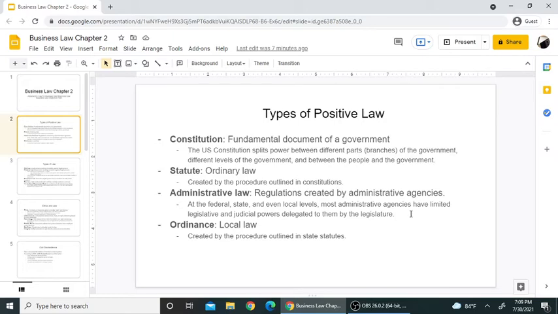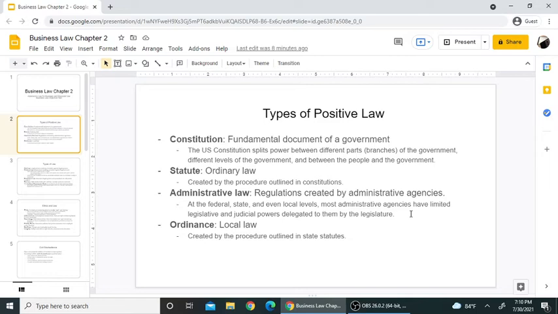But the point still stands that administrative agencies usually have some legislative and judicial powers delegated to them by the legislature, in addition to their executive powers that have been granted by the statutes, or in some cases, usually at the state level, the state constitutions might also give administrative agencies certain powers.